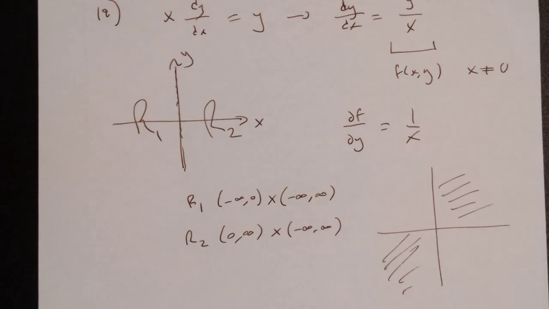Yes, Cody. Why didn't you just write negative infinity to 0? Why did you put the x? Because in the statement of the theorem, it says give me a rectangle from a to b and c to d. So I need to know what's the x range, what's the y range. x range, y range, x range, y range. Now I'm being pedantic by writing that. You could say left of the y-axis, right of the y-axis.